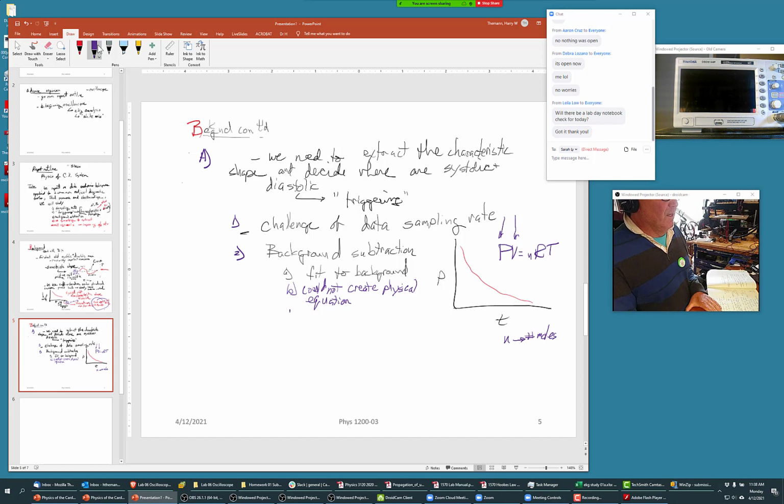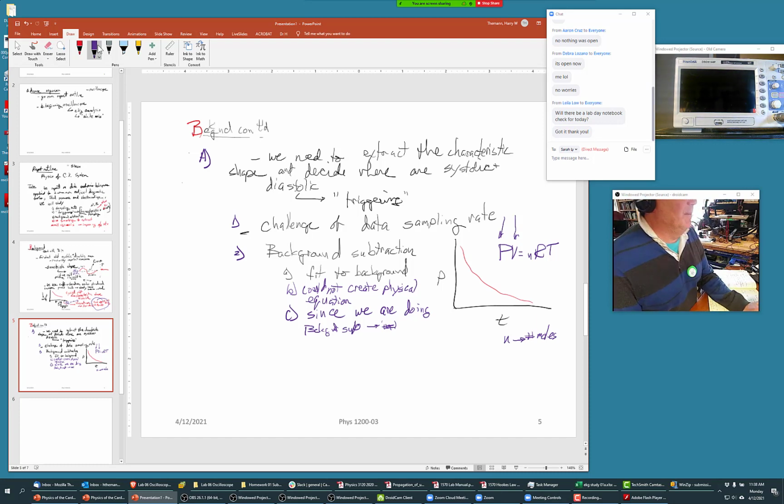So, since we are only doing the background subtraction, we're allowed to do an interpolation. It's like a Venn diagram.